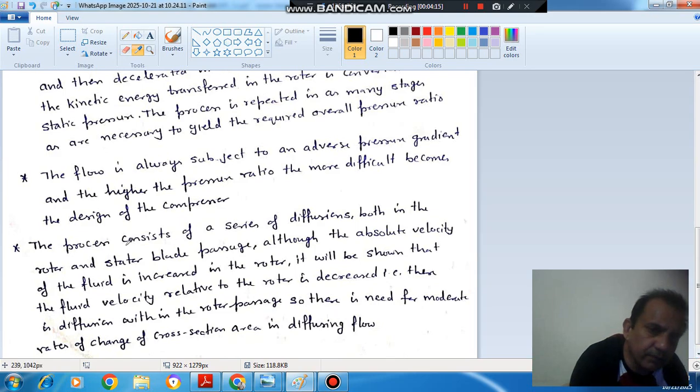Next point: the process consists of a series of diffusion in both rotor and stator blade passages. Diffusion means pressure rise. Although the absolute velocity of the fluid is increased in the rotor, it will be shown that the flow velocity relative to the rotor is decreased.